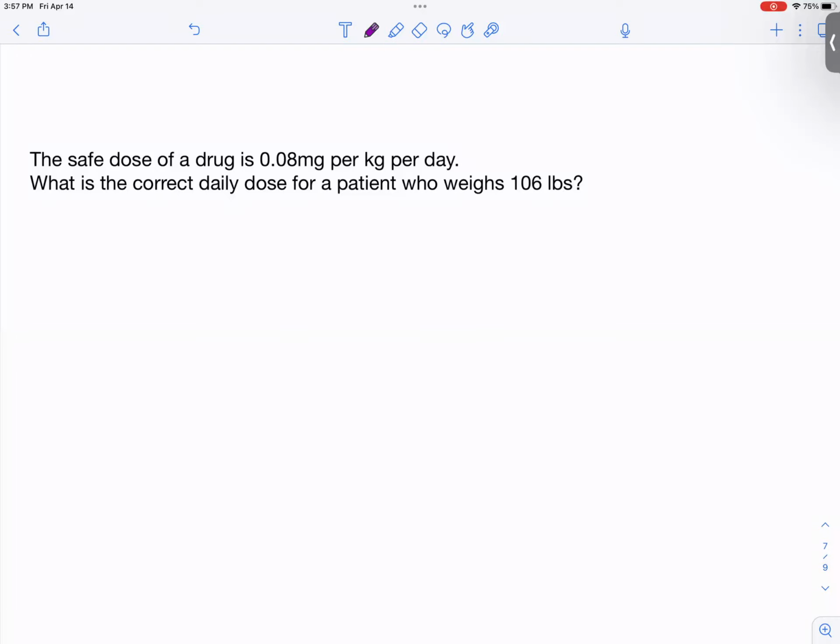The doctor ordered, and it's called the safe dose because they're telling you the safe maximum limit this patient should get. The safe dose of a drug is 0.08 milligrams per kilogram per day. That's a 3-factor. What is the correct daily dose for a patient who weighs 106 pounds?